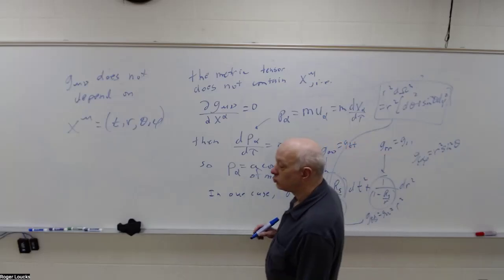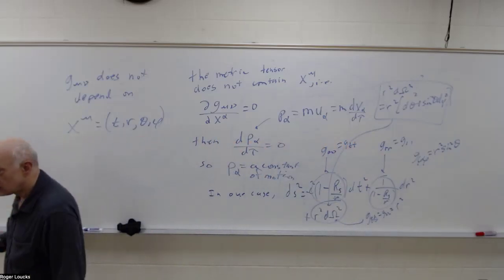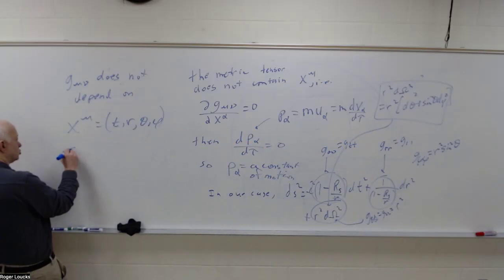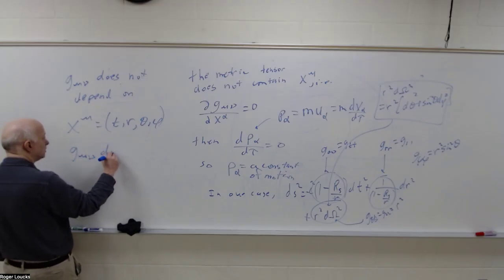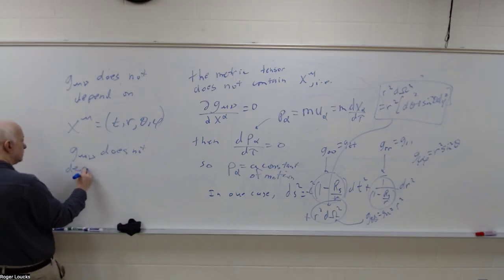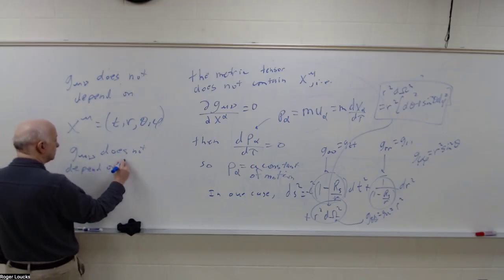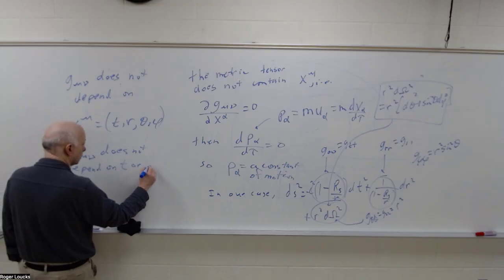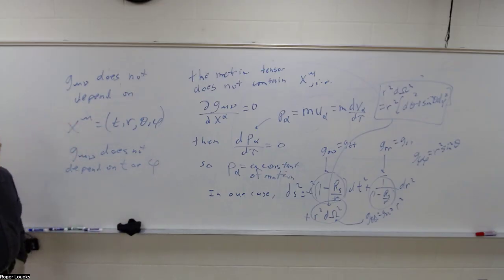So what doesn't our G depend on? t and phi. So G mu nu does not depend on t or phi. So we're going to have two conservation laws.